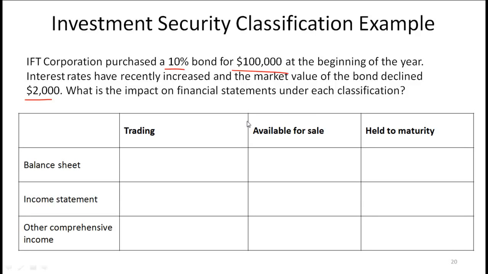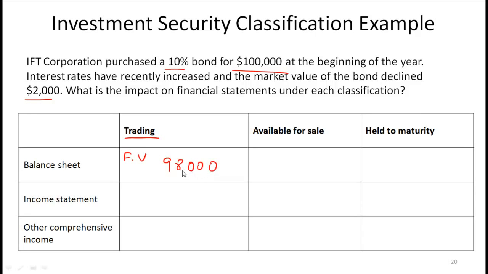Okay, welcome back. So if this is a trading security, this is the first classification, on the balance sheet, recall, we need to show this at fair value. The bond was purchased for 100,000. The value has gone down by 2,000. So on the balance sheet, you need to show 98,000.